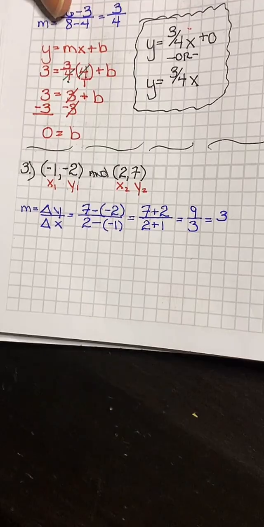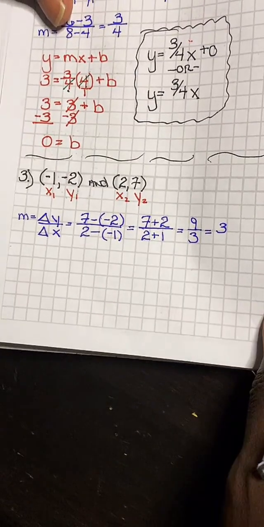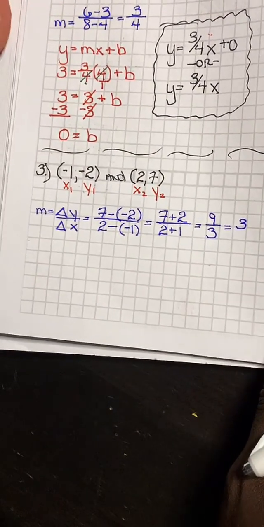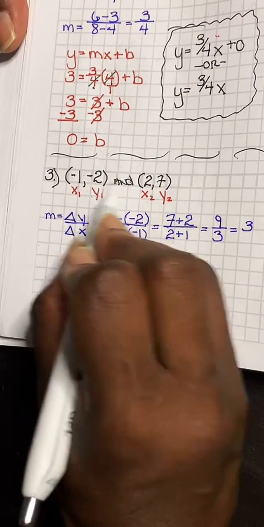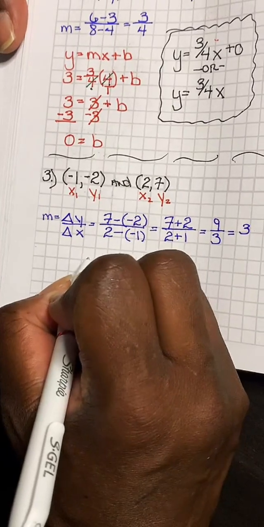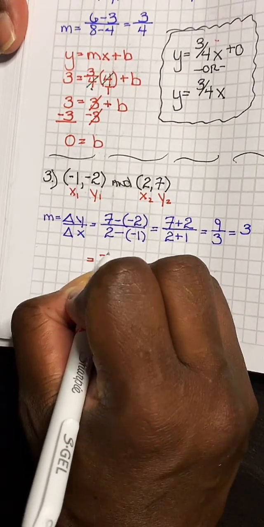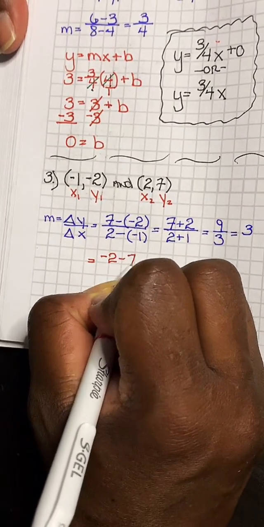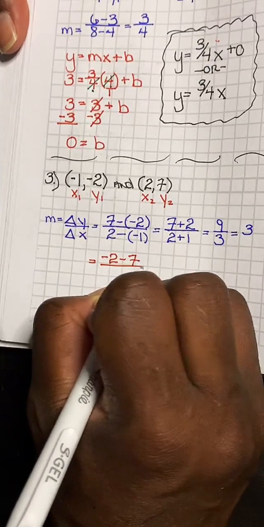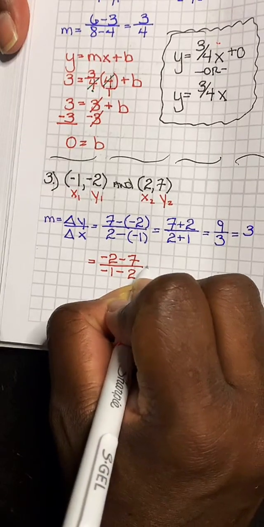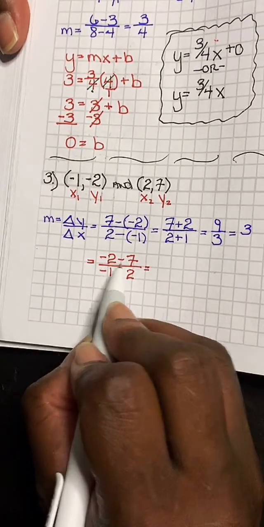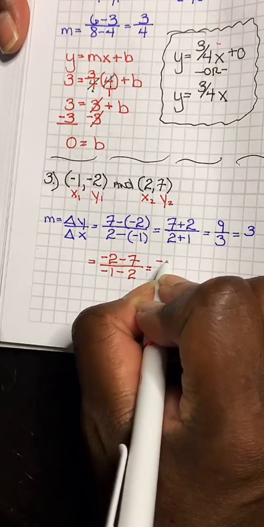Questions? Can you start from the left? Yes, I can. So if I wanted to start from the left, remember you go with your y's first. That will be your negative 2 minus 7 over your negative 1 minus 2. So negative 2 minus 7 gives you a negative 9.